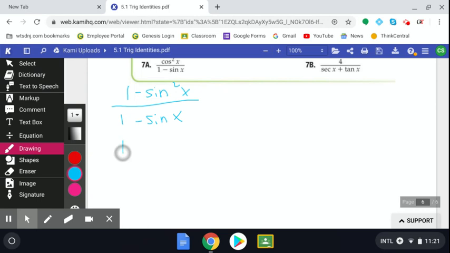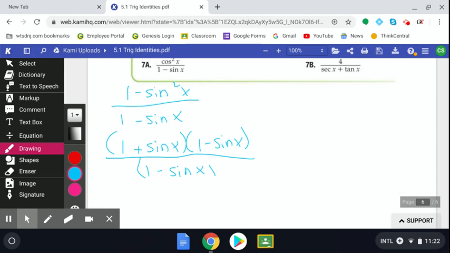So this is the same as 1 plus sine x times 1 minus sine x, over 1 minus sine x. And now what I was hoping for just happened. 1 plus sine x is multiplying 1 minus sine x, so I can cancel out these two binomials. And my answer now is 1 plus sine x over 1. I'm good.